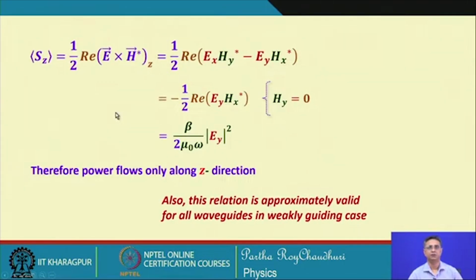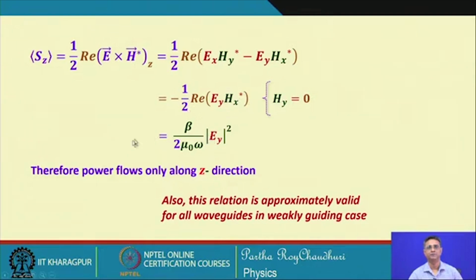Now, let us check the power flow in the z direction, and for that we calculate the time average of the z component of the Poynting vector. In the same way we express this quantity in terms of E and H star, and when you expand this, take the z component of E cross H, you can write E x H y star minus E y H x star, and because H y is equal to 0 for TE mode, we end up with this quantity.